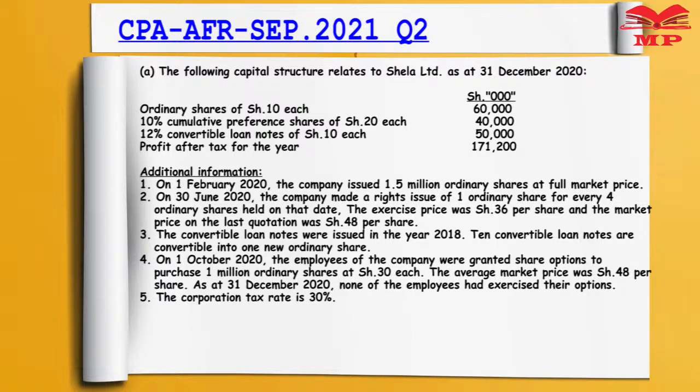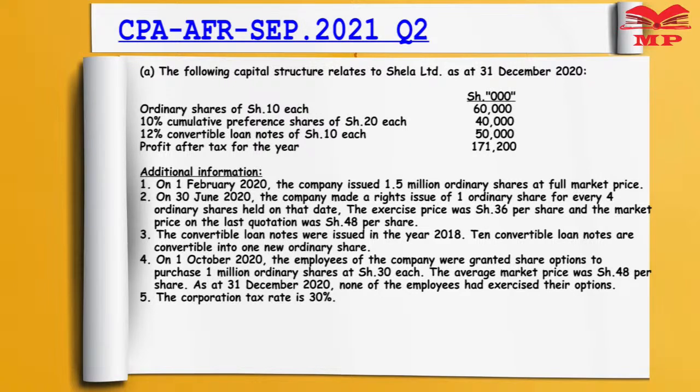On 1st February 2020, the company issued 1.5 million ordinary shares at full market price. 2. On 30 June 2020, the company made a rights issue of 1 ordinary share for every 4 shares held on that date. The exercise price was 36 shillings per share, and the market price on the last quotation was 48 shillings per share.